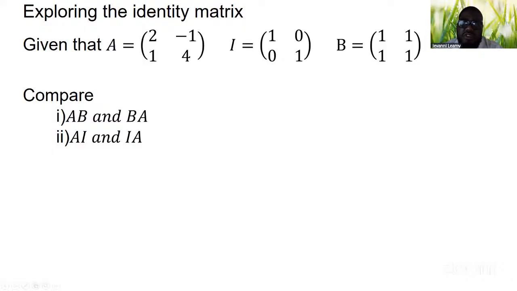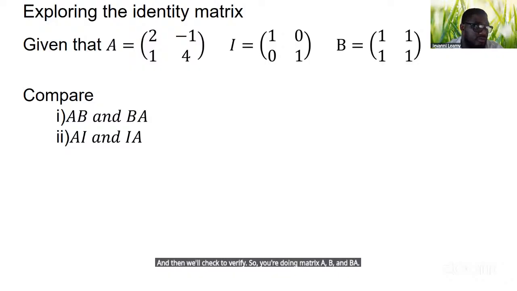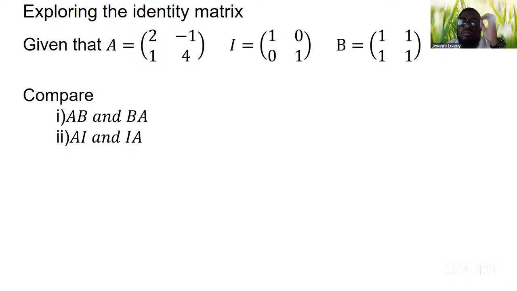Then we'll check it to verify. So you're doing matrix AB and BA. Less than 70 seconds remaining.